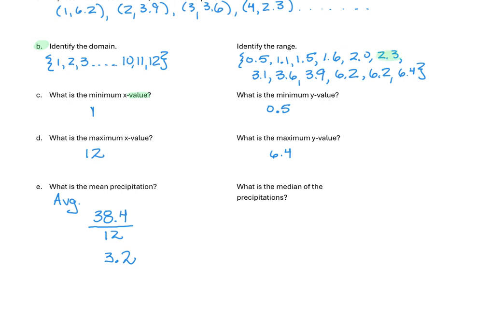And so I have 2.3 and 3.1. We are going to find the average of those two numbers. And so if I add those up, I get 2.3 plus 3.1 is 5.4. And I want to divide that by 2. And if we divide that by 2, we get 2.7.